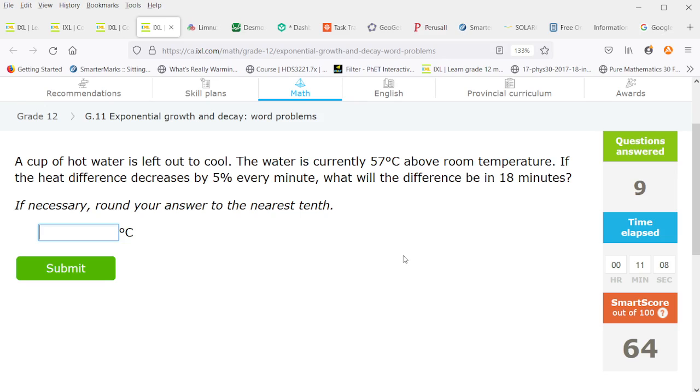A cup of hot water is left out to cool. The water is currently 57 degrees above room temperature. If the heat difference decreases by 5% every minute, what will the difference be in 18 minutes? So our exponential here, if it's decreasing by 5%, that means we have 95%.